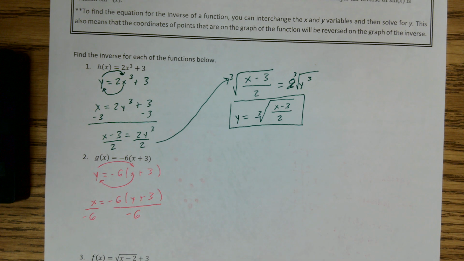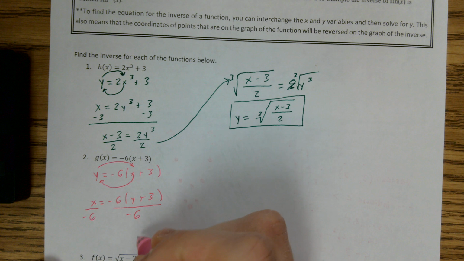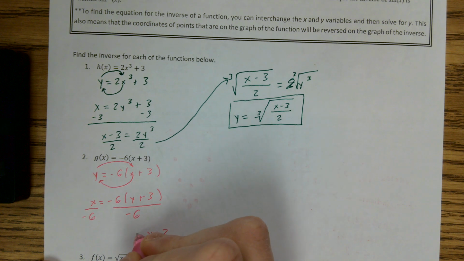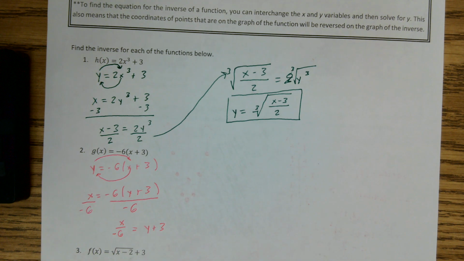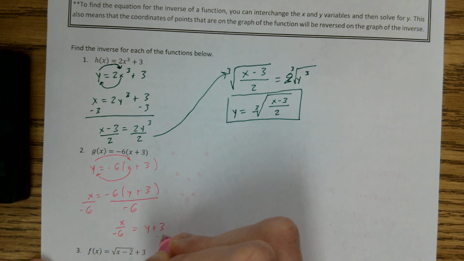Okay? And now, what that allows me to do is I just have that y plus 3 on the right side is equal to x over negative 6. Okay? And if you want to put that negative out in front, you can totally do that as well. It does not really matter. And then the last thing we have to do is subtract that 3.